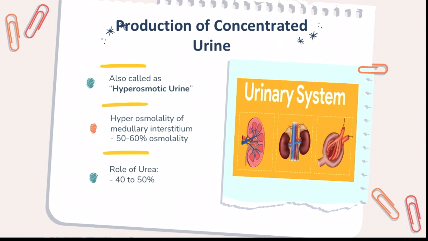People who ingest a high protein diet, yielding a large amount of urea as a nitrogenous waste product, can concentrate their urine much better than those whose protein intake and urea production are low. Malnutrition is one example of low urea concentration in the medullary interstitium and is considered an impairment of urine concentrating ability.